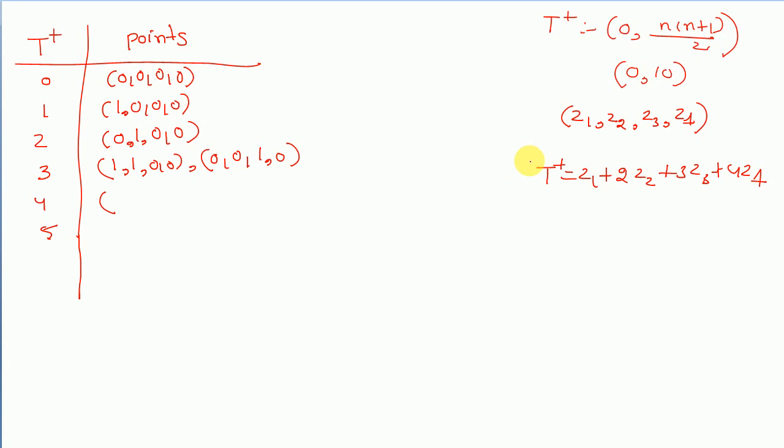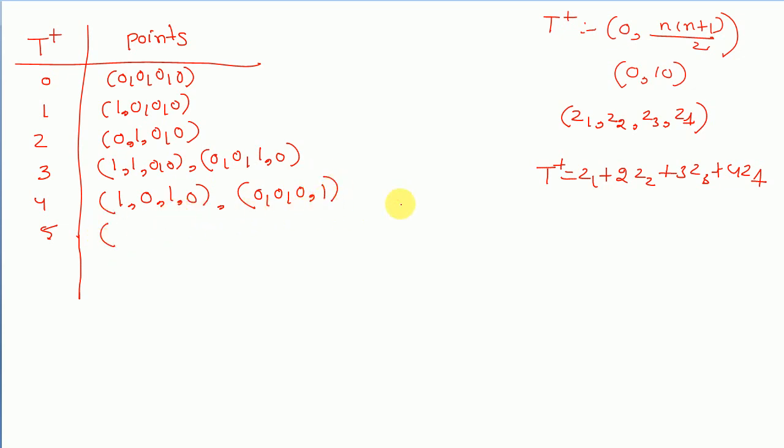Now for 4, we can make Z2 and Z3 0 and the others equal to 1, so 1, 0, 0, 1. Is it fine? And the next possibility is 0, 0, 0, 1.